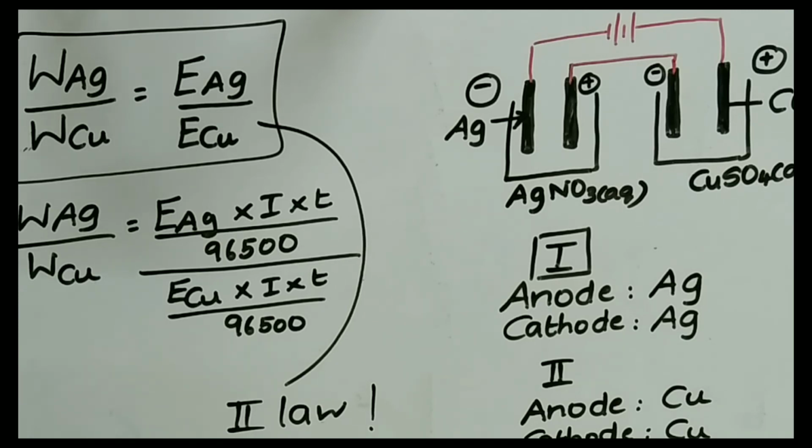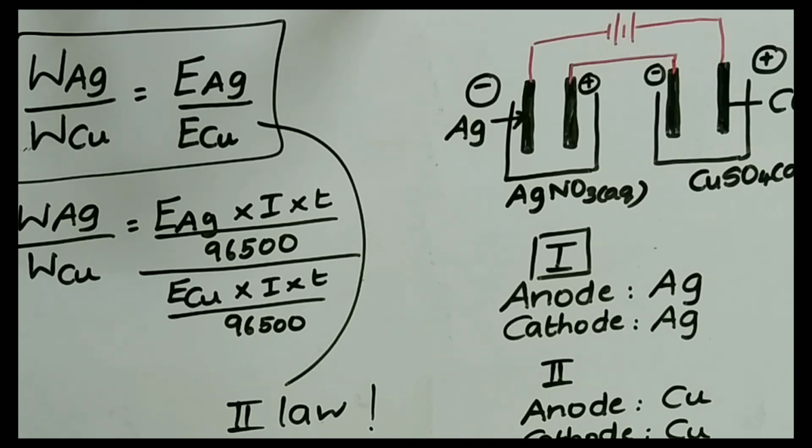Correct? So here we finish with the electrolytic cells. Again I will repeat, if the electrolyte is in the molten form, then directly you can write the products formed at anode and at cathode.